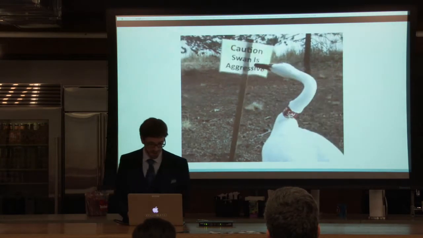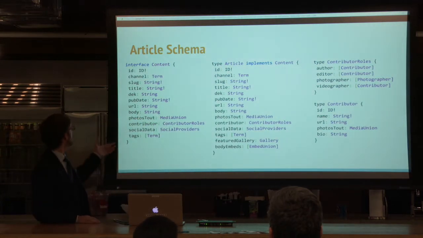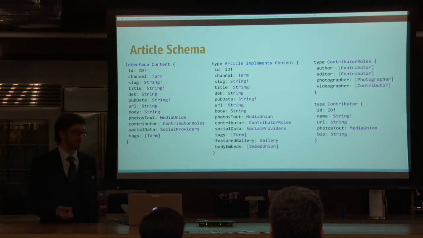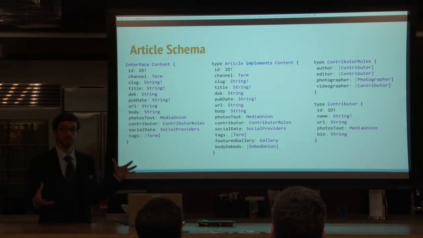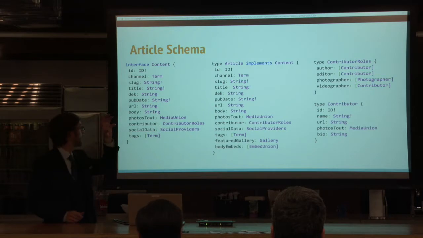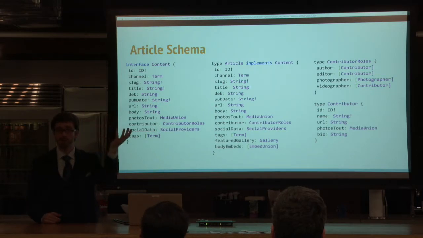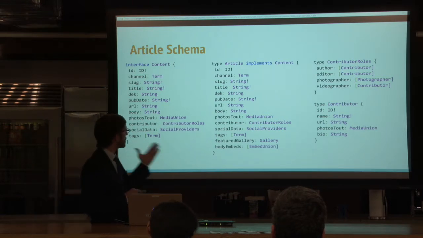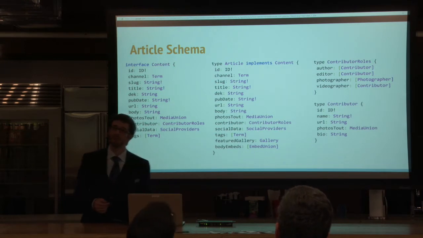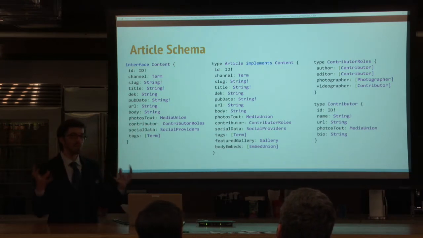He's being aggressive. This is what our article schema looks like. Back to one of the previous slides I showed you that showed collections. We see the top collections, content. We see that top content item being an interface. Then we see the specific implementations involving things like articles. We have interesting edges that I wanted to show here as well, of named relationships.